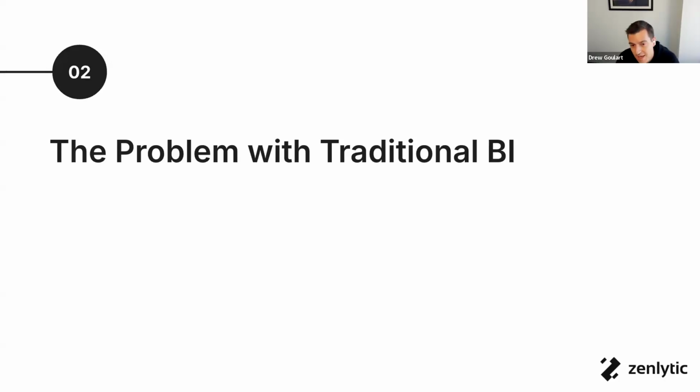Awesome. Thank you, Ashley. So what is the problem with traditional BI? I'd say there's a handful, but the one that we're really focused on today is that traditional BI isn't that easy. For as much as business intelligence platforms have loved over the last 15 years to say that their solutions are low code, no code, easy to use, the reality is that most people actually aren't self-serving.